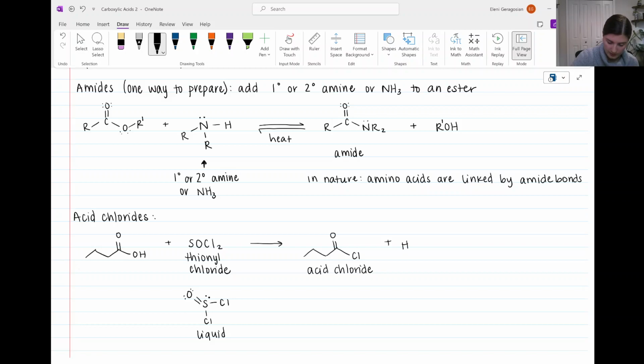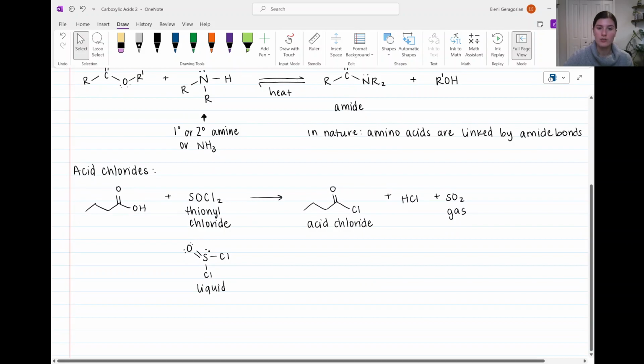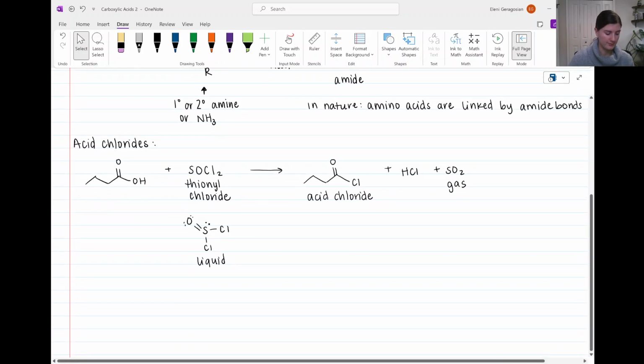Byproducts are hydrogen chloride and SO2, which is a gas, so that would be bubbled off. So thionyl chloride, SOCl2, if you see that in the presence of a carboxylic acid, remember that that will form the acid chloride, where the OH group is replaced by the chlorine.